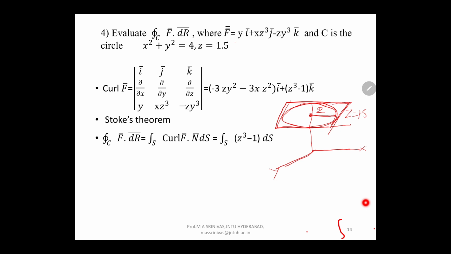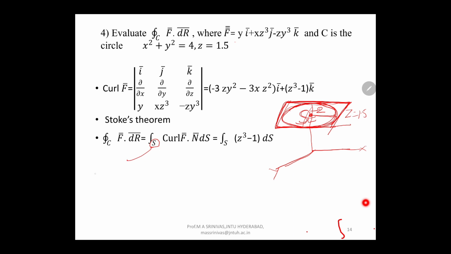Now, this is my surface. Surface itself is this. This is my surface S as well as my region E. For this surface, the boundary is this. So, integral C f bar dot dr bar is integral S curl f bar dot n bar ds. That's what Stokes theorem says. What is my C?